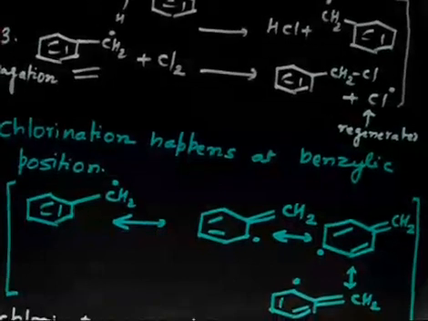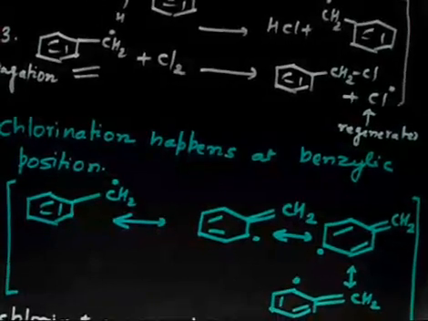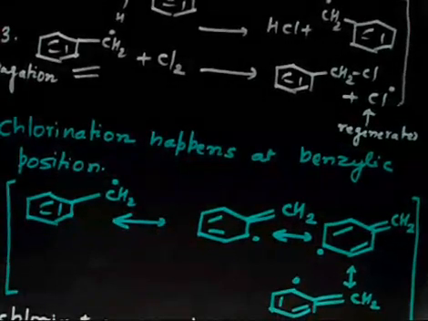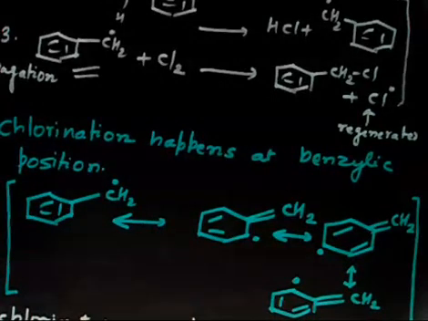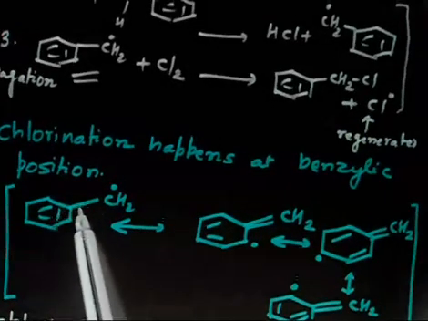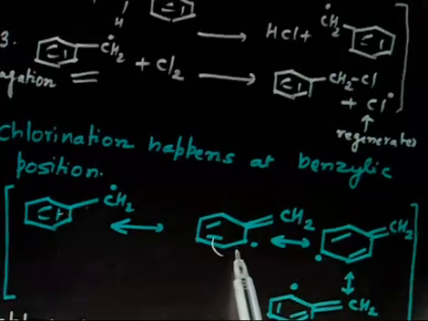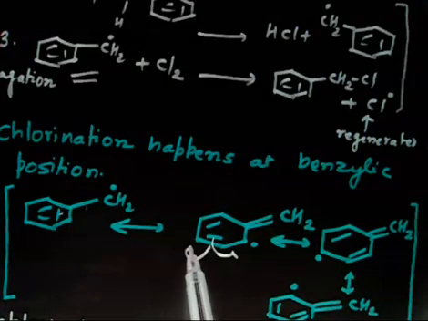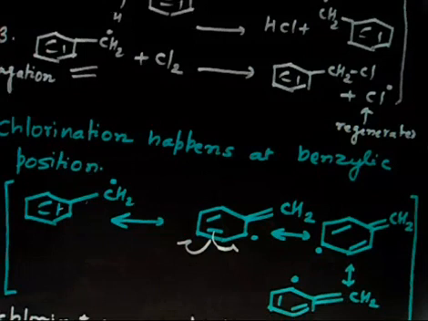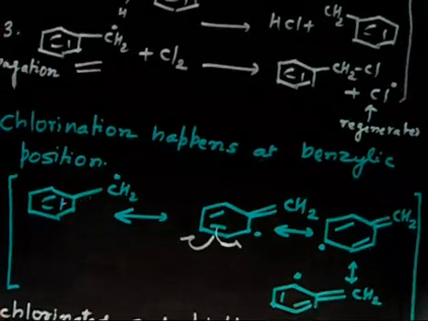These are the possible resonating structures. You can do it yourself. First, flow one electron this side, one electron this side, and you will get this. Next you flow one electron this side, one electron this side, and you will get this. Consecutively you can do this. I assume that you understand whatever we are saying.